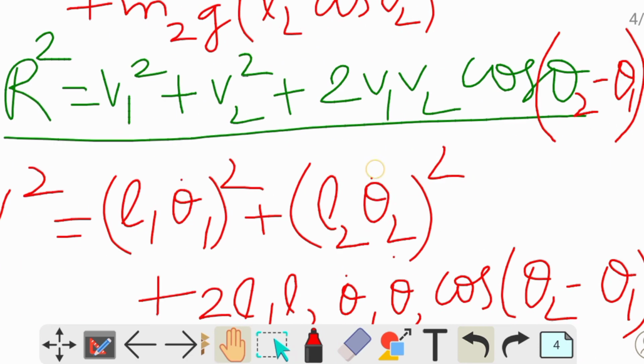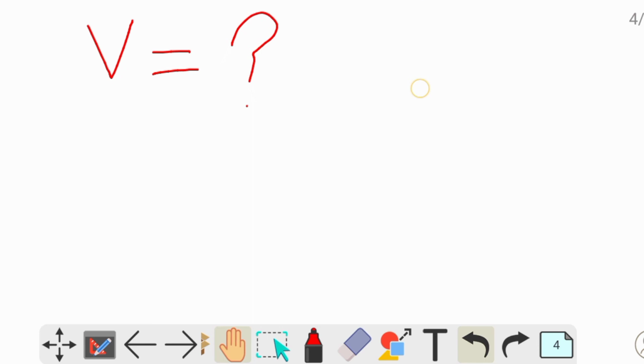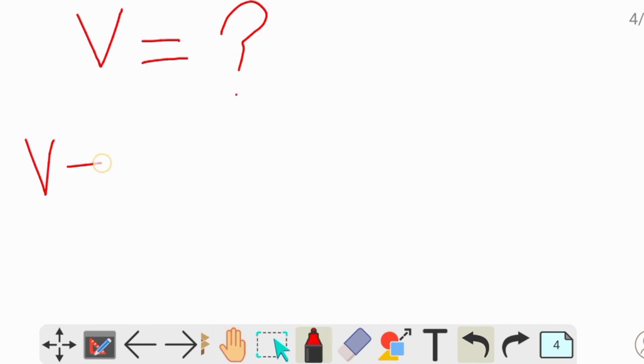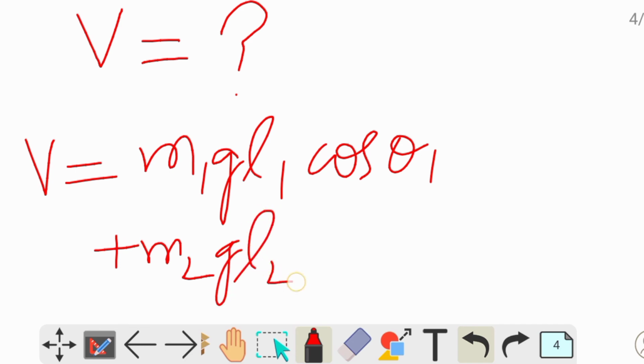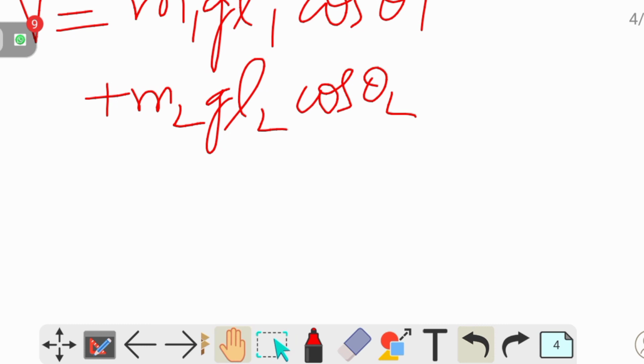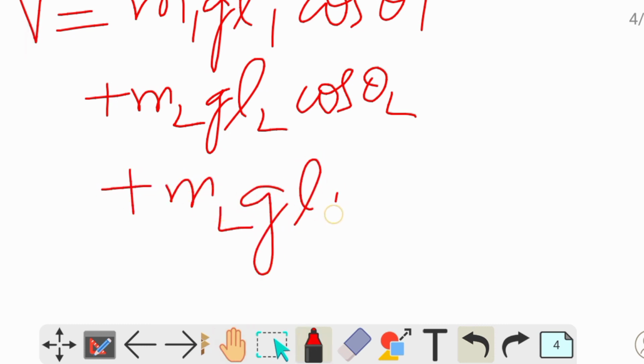So the potential energy is m1 g l1 cos of theta 1 plus m2 g l2 cos of theta 2 plus m2 g l1 cos of theta 1.